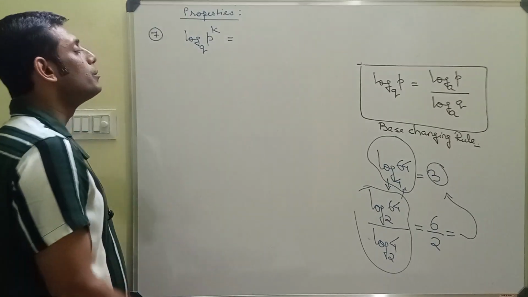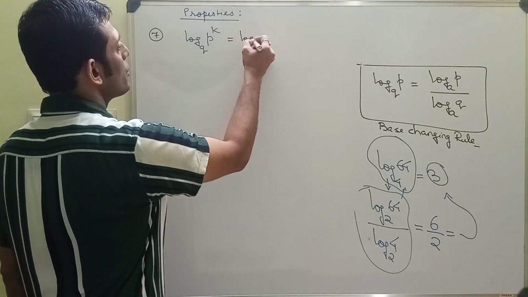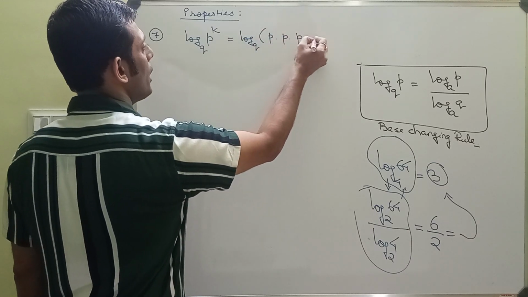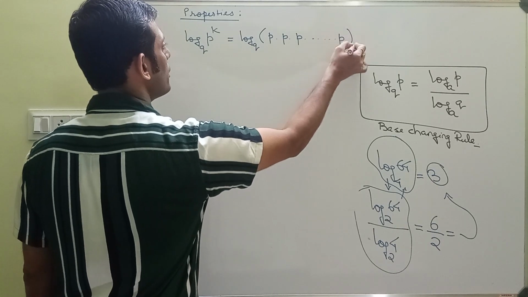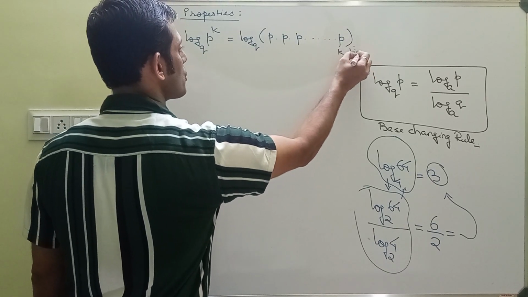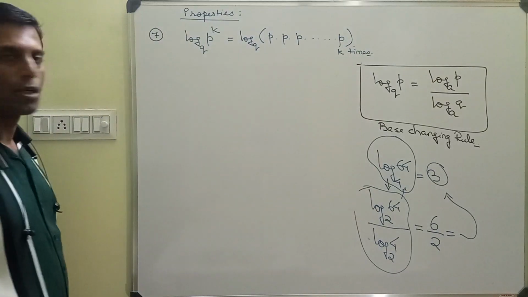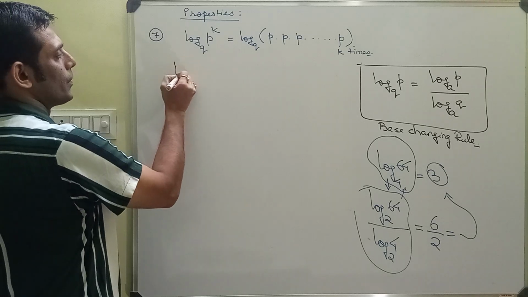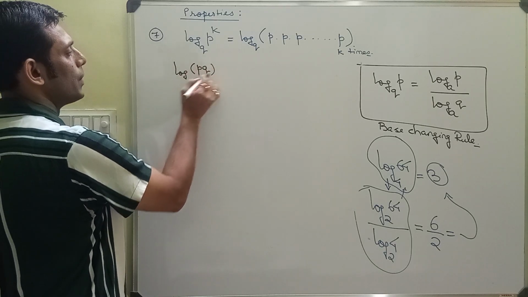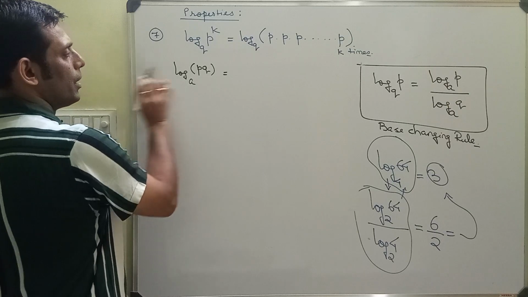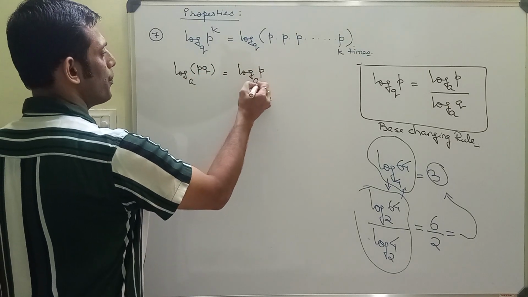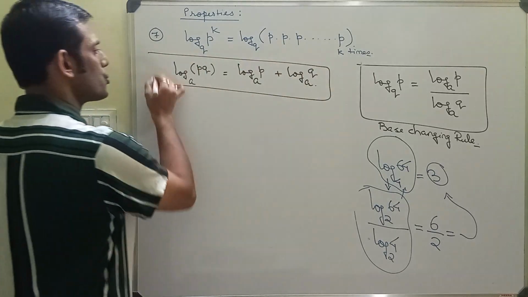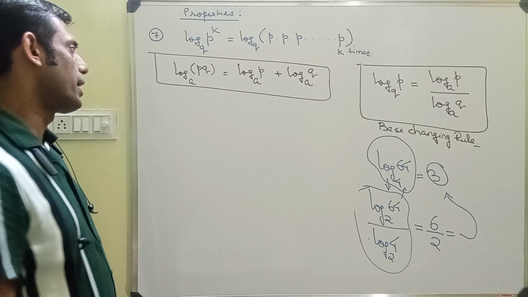It can become something like this: base q with p power k, which means p dot p dot p and then p, how many times? k times. Oh my god, not good. We had earlier seen that log of pq base a is equal to log p base a plus log q base a. We use this rule, the product rule of logarithms. Let's use this.